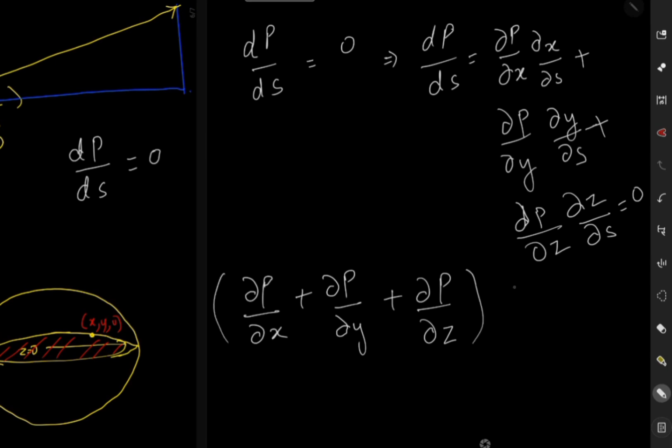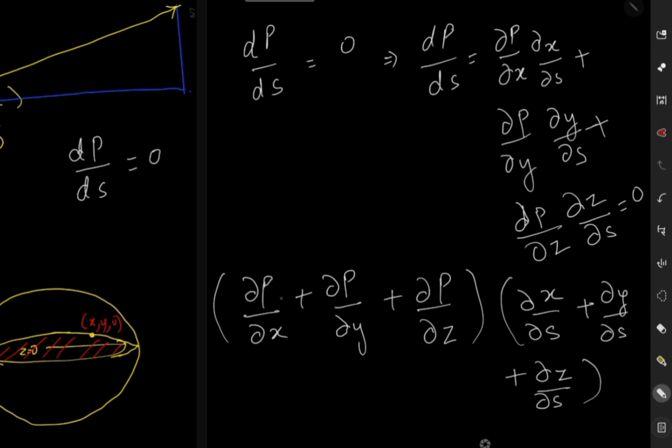If we try to write it in this way, this is not looking right. Because if we multiply, dx by ds can also be multiplied by dy by ds, but there is no such term in our required equation.